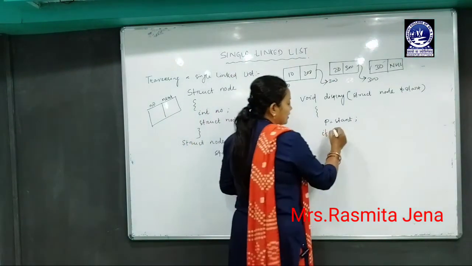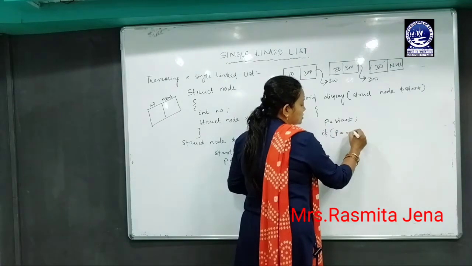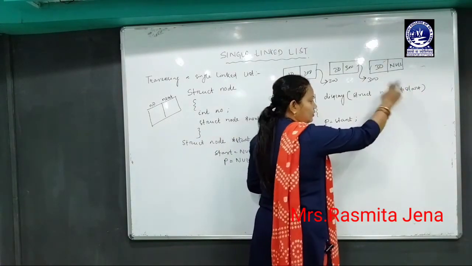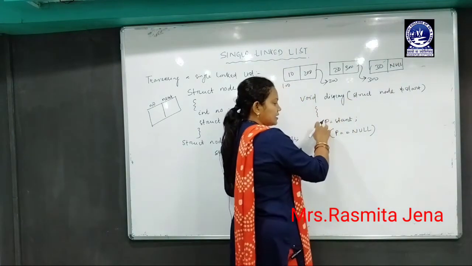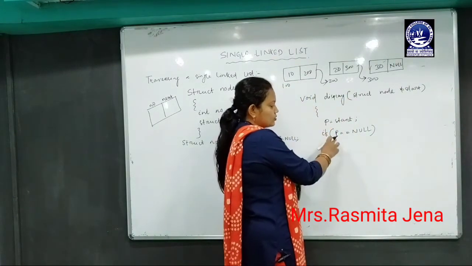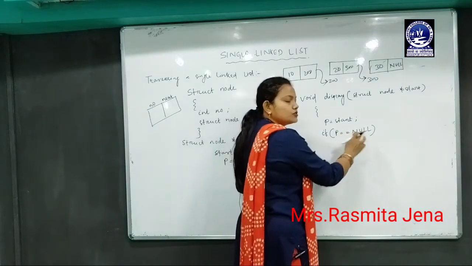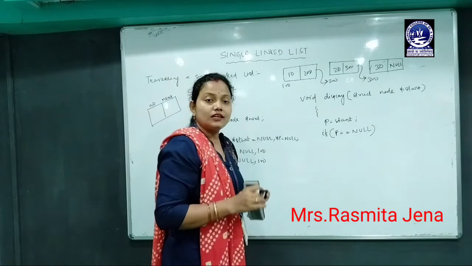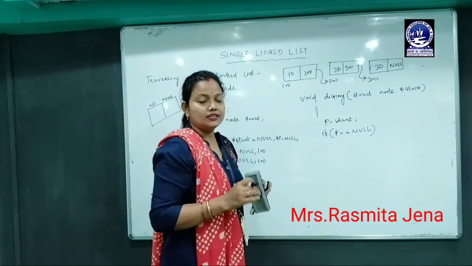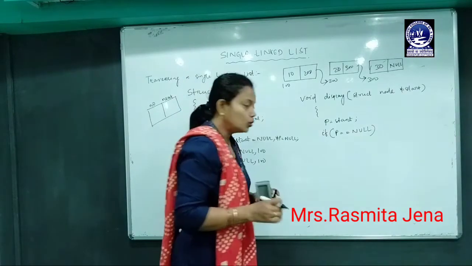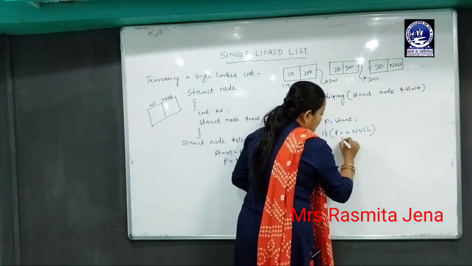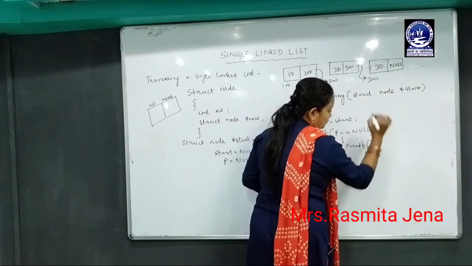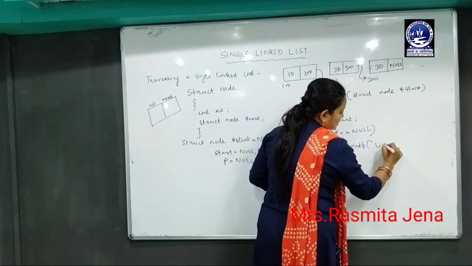For that I can write if p equals to null. That means start contains a null value, and that value is assigned to p. If this condition is true, it means the list is still empty and doesn't contain any node. So we will print a message, that is printf, list is empty.